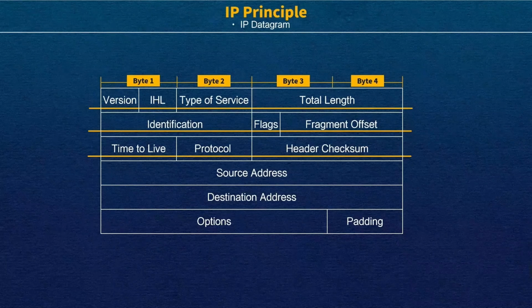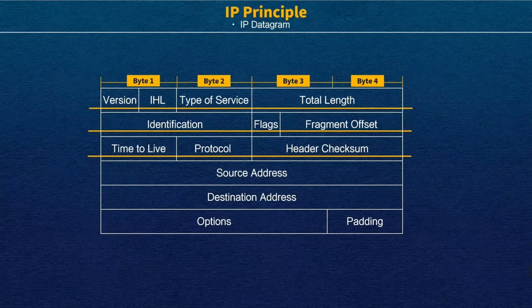And the next part is the protocol. This protocol field is very useful. We talked about it on the previous page, right? It tells us whether your upper layer protocol is TCP or UDP or ICMP, or maybe the OSPF protocol.